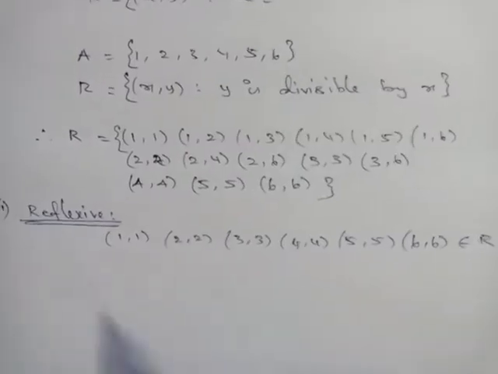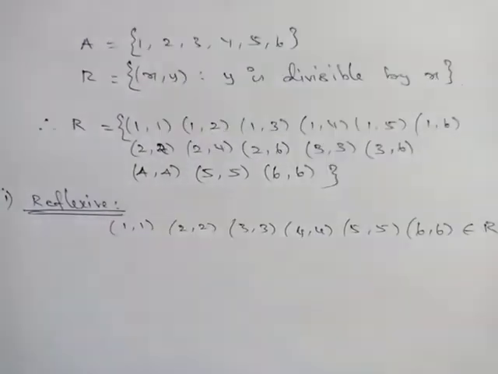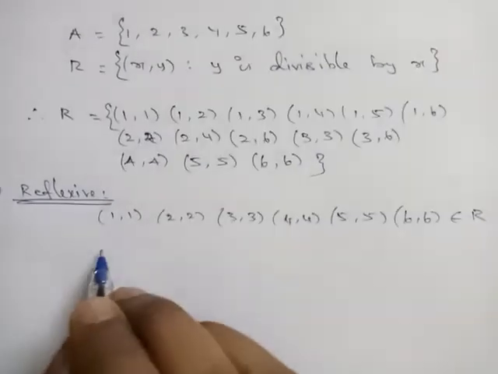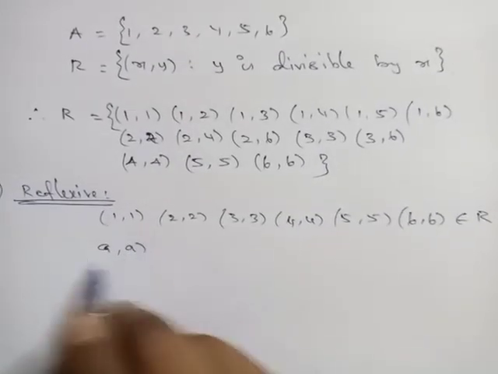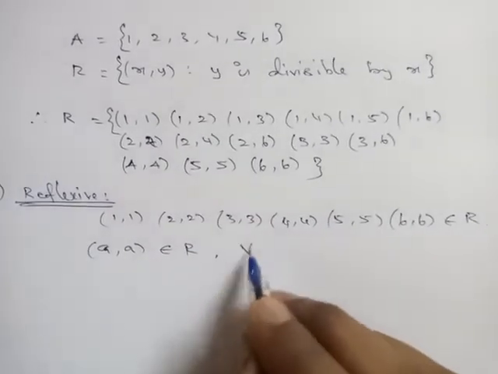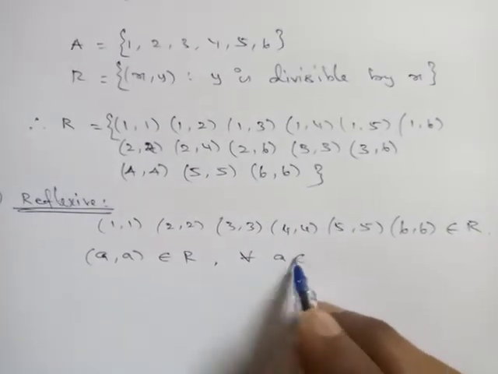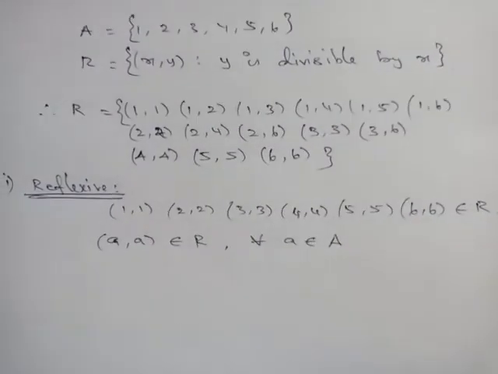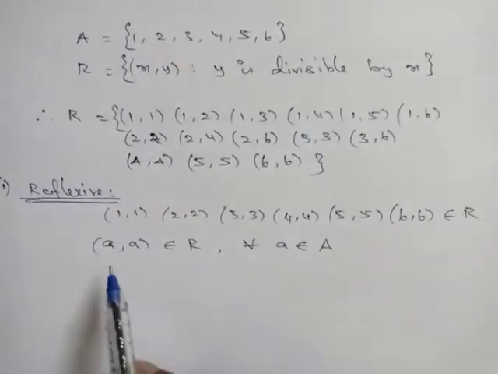So instead of writing like this, what I am writing is (a, a) belongs to R for all a belongs to A. That's all. This is enough. This is the definition for reflexive, right?